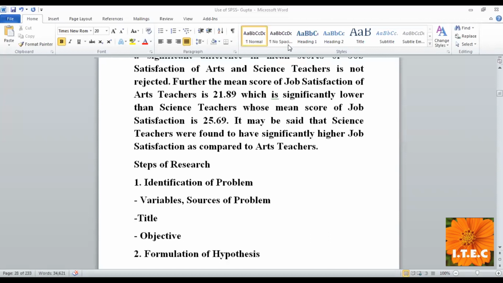Maintenance does not mean reducing. If you want, you should test your hypothesis by taking 0.05 as a level of significance, but not at 0.01. So if you are taking 0.05 as a level, perfectly correct.